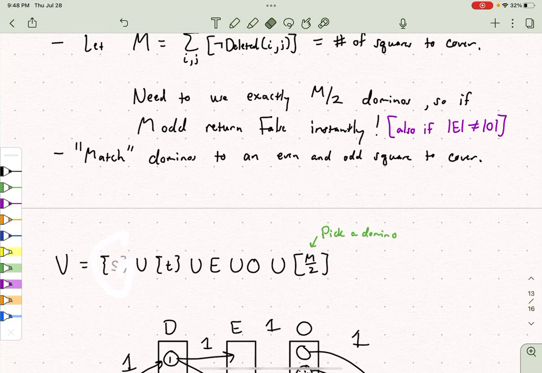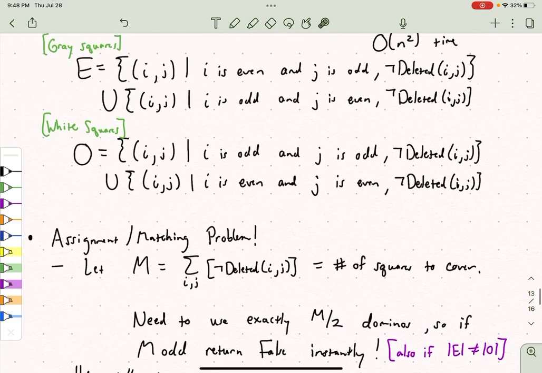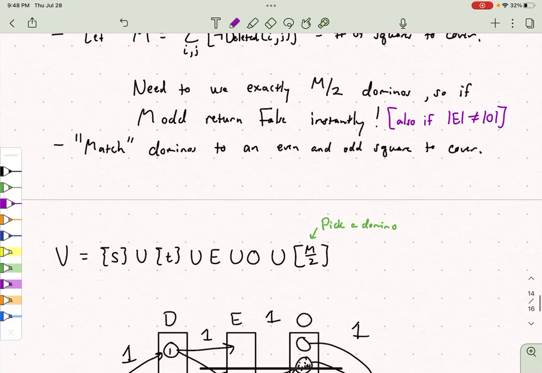Well, just like in normal tuple selection problems, we'll have some S and T. We'll also have our even and odd squares, or you could call them the gray and white. So this one's gray, this one's white. And then we have a set of numbers from 1 to m over 2, which corresponds to each domino.